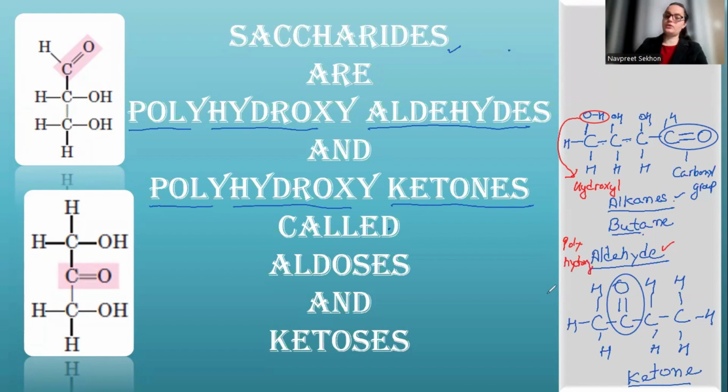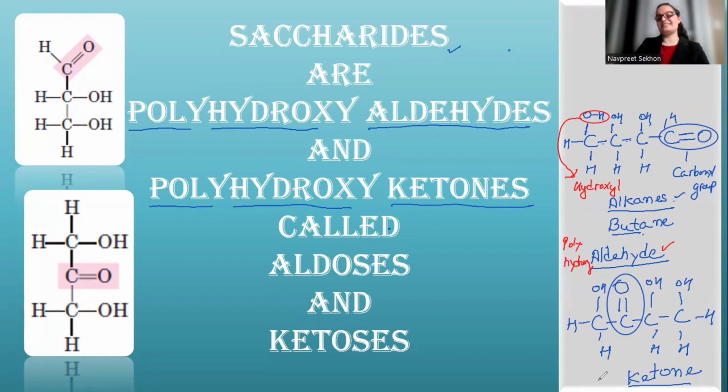Now, if the same thing happens over here, this is the carbonyl group carbon, but apart from that, all other carbons just replace these hydrogens with OH, right? This also forms a bond with OH. This also forms a bond with OH. This also forms a bond with OH.